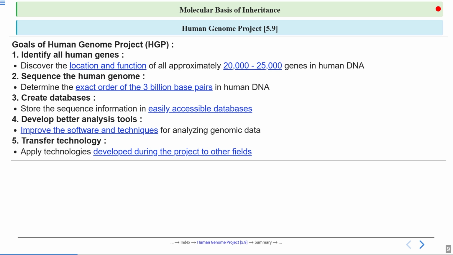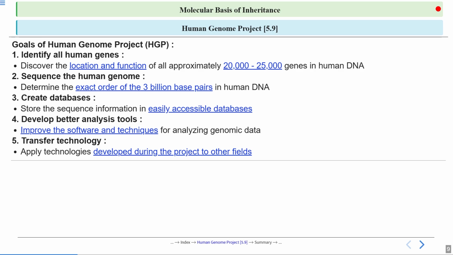So what is a database? A database is an organized collection of data which is stored and accessed electronically. They have to create a database of this sequencing which is easily accessible.